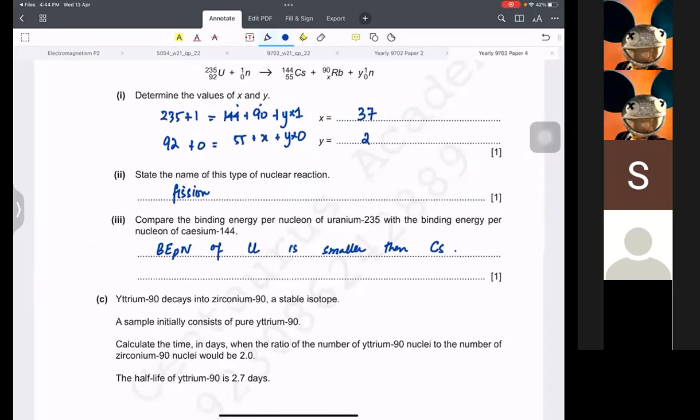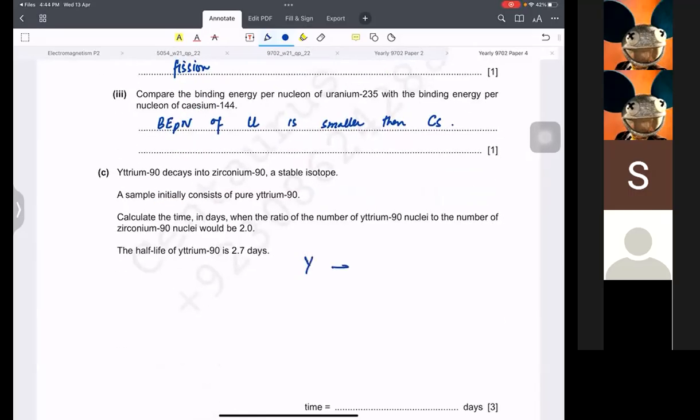Yttrium decays into zirconium. Calculate the time in days when the ratio of the number of yttrium nuclei to the number of zirconium would be 2. So what does a ratio of 2 mean? He is saying 2:1.